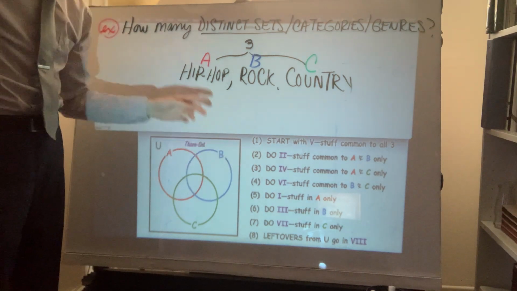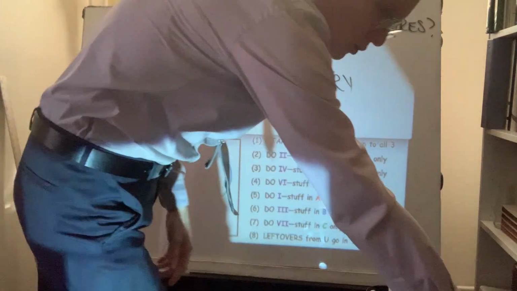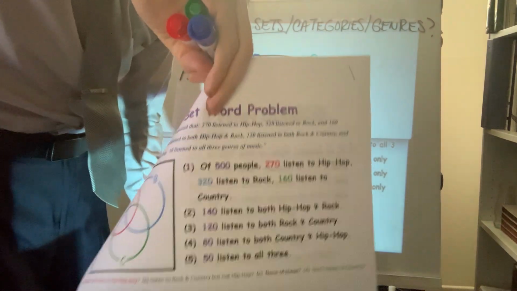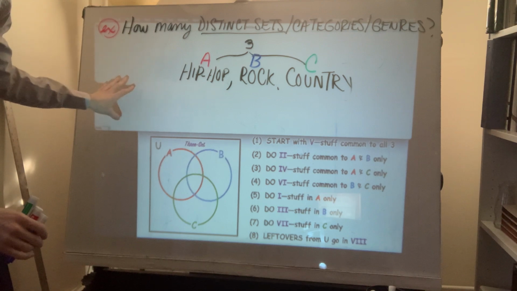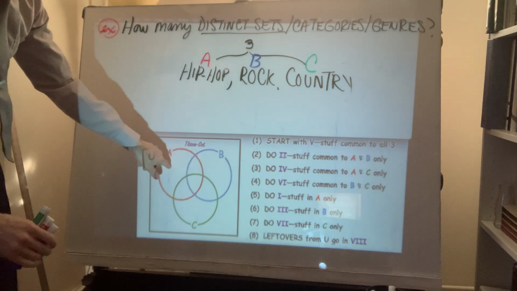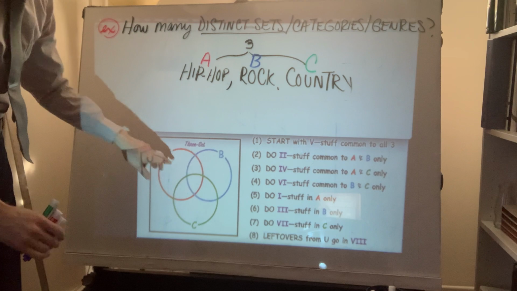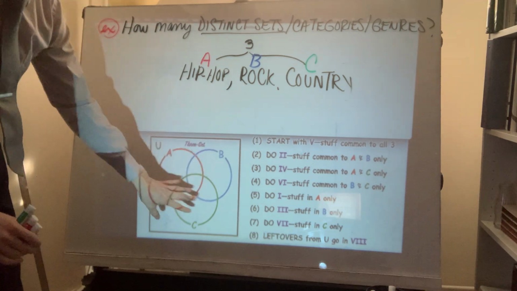And now we'll take the information unique to the problem, which unfortunately is on this other slide here, and just make bullet points as a notation for ourselves. We've established what the Venn diagram will represent: hip hop, rock, country. That makes sense, right?